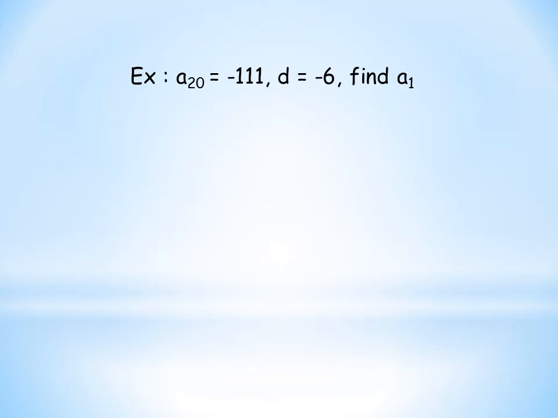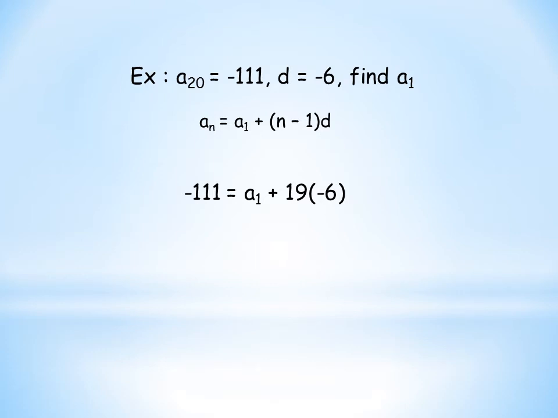So if we have an example here, I know the 20th term is negative 111. I know the common difference is negative 6, and I want to find the first term. Here's my formula. Let's plug in what I know. The 20th term is negative 111. I want to find the first term.